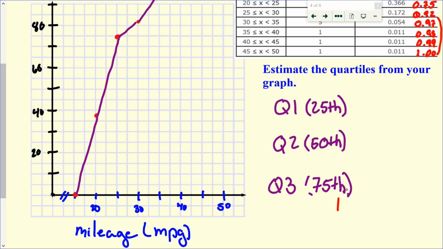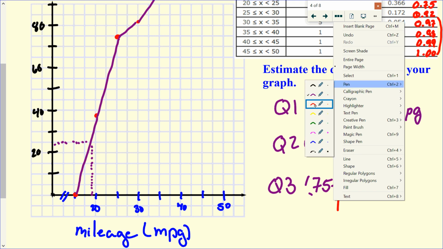So for the 25th, here's 25 on the left axis. I'm going to come across and come down. That's about 18, so we're going to call this one 19 miles per gallon.